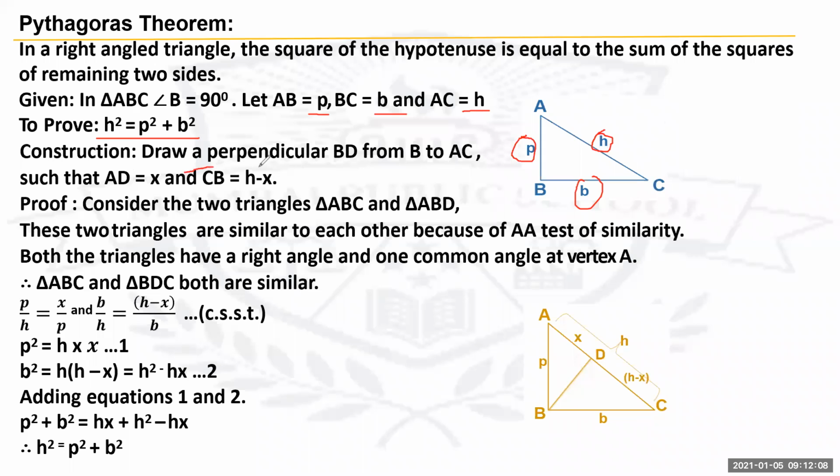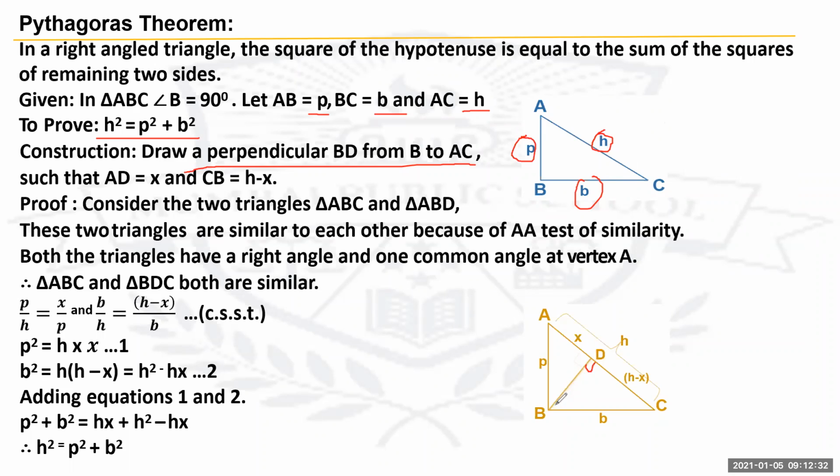So draw the perpendicular from the right angle to the hypotenuse. You are drawing this altitude BD to AC, such that AD equals X and DC equals H minus X.